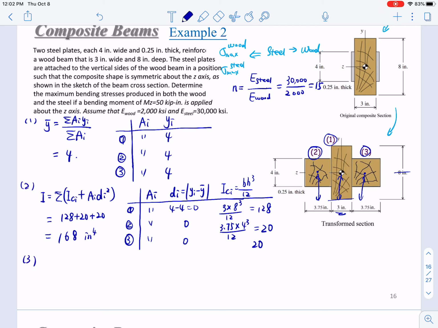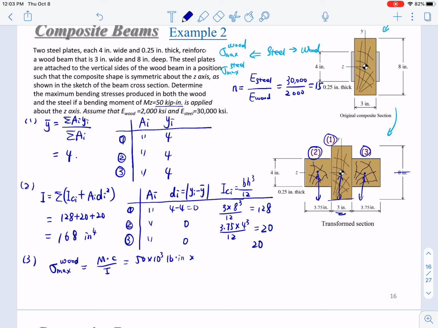Then step 3, we can directly calculate the maximum stresses. For the maximum stress in wood, since this is the base material, we do not need to do any conversion back. We can directly calculate it. This will be Mc over I. It will be 50 kips-inch, which is 50,000 pound-inch, times the c value.